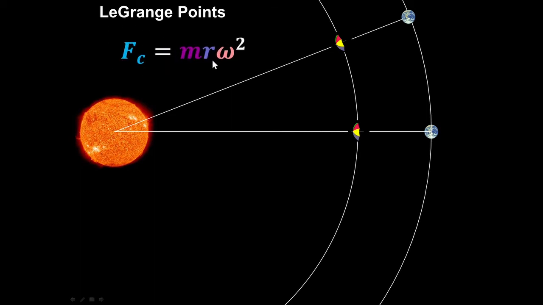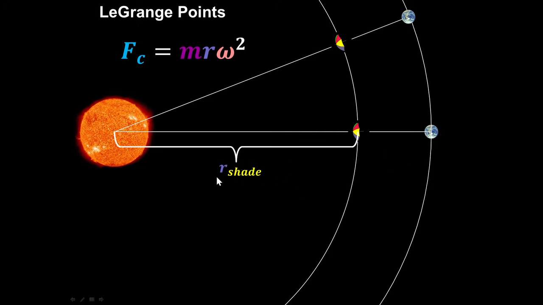Before we said the centripetal force was mass times the tangential velocity squared divided by the radius, but when we're using angular velocity, it's mass times radius times angular velocity squared. So we need a centripetal force pulling that thing into a circle that causes it to go around angularly just as fast as the Earth does.